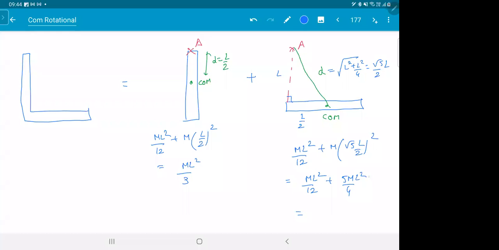Multiplying, 15 plus 1, 16, so 4 by 3 ML square. So your answer would be 5 ML square by 3. Clear?